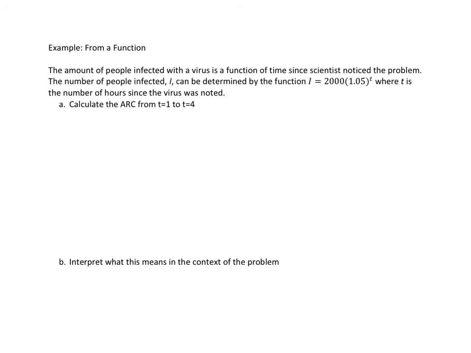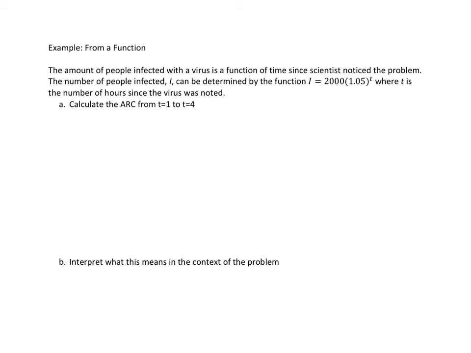Now let's look at an example where we're only given a function. We're not actually given the outputs, and we need to go ahead and find those outputs. This says the amount of people infected with the virus is a function of time since scientists noticed the problem.